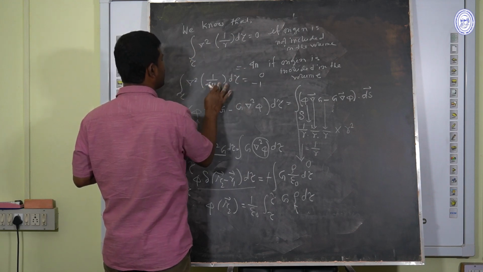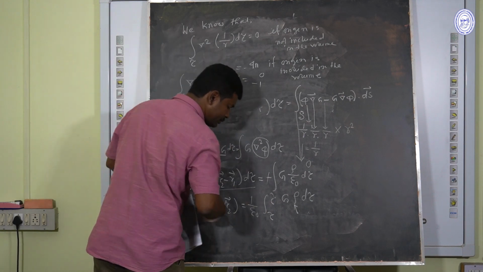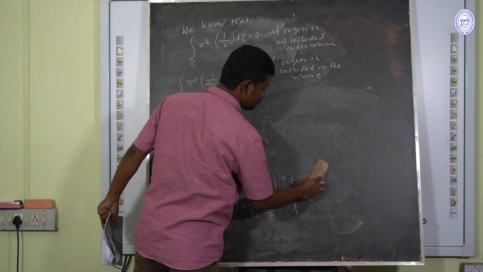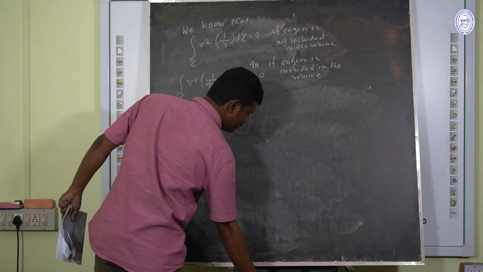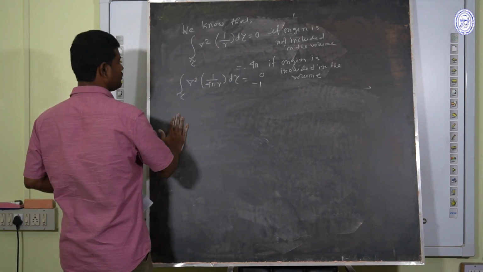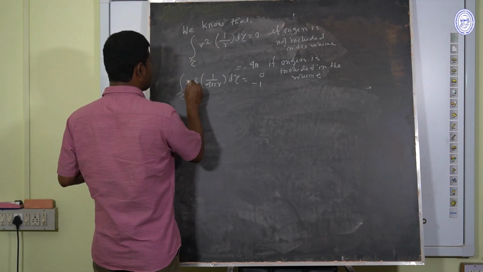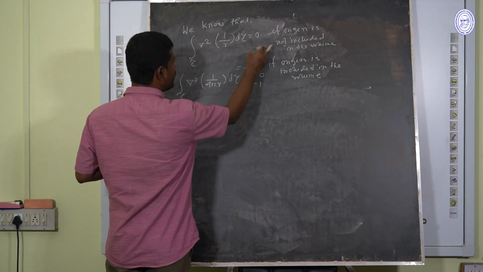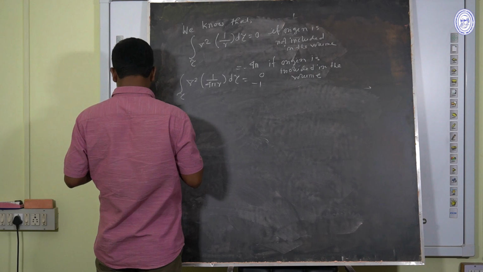So Laplacian of 1 by 4 pi r d tau equals 0 if the origin is not included in the volume, or equal to minus 1 if the origin is included in the volume.